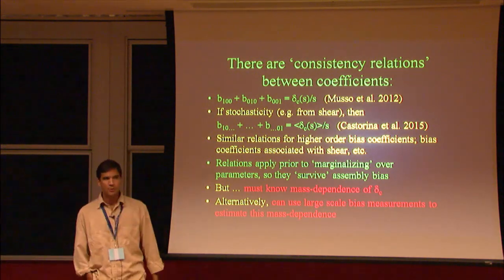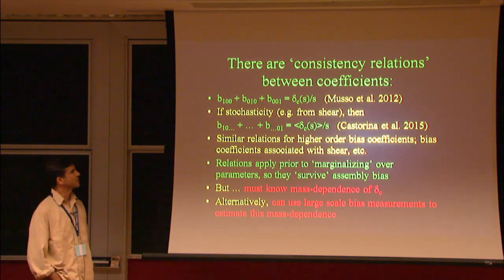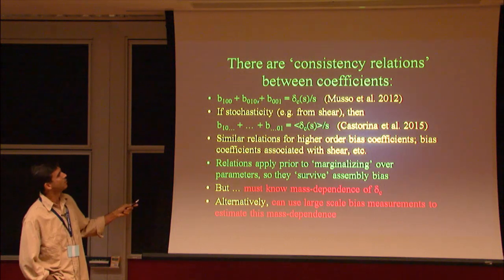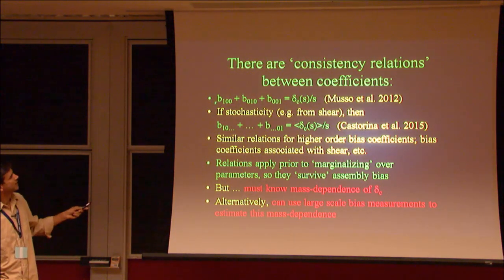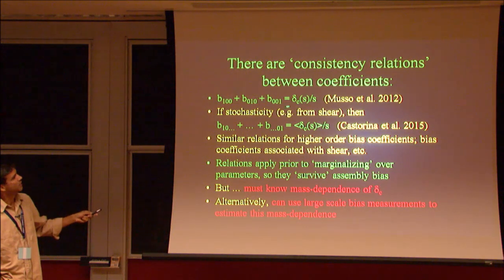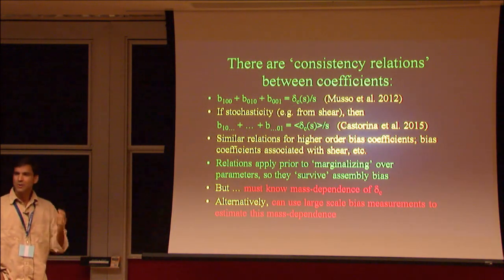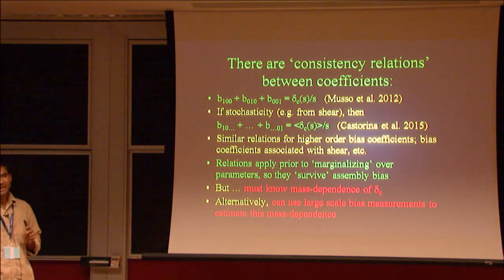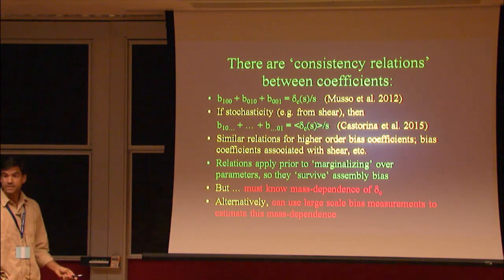Initially we thought we're helped a little bit, because it turns out there are consistency relations between these coefficients. If you're doing linear order, so linear bias, there might have been a bunch of these terms, but if you add up all the bias coefficients, they give you a simple term. For those old enough to remember BBKS, this is the formula that Kaiser used for bias.